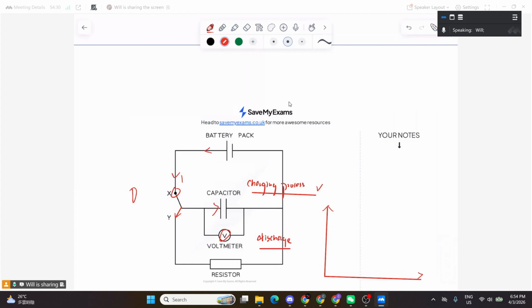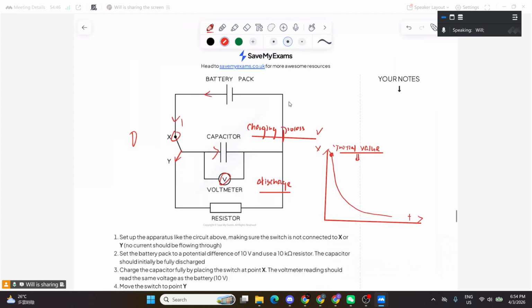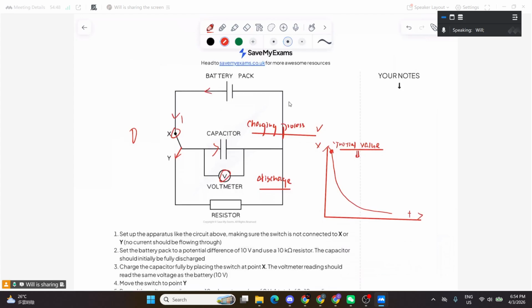The curve looks like this, V against t, so it's the initial value, and we use the initial value.